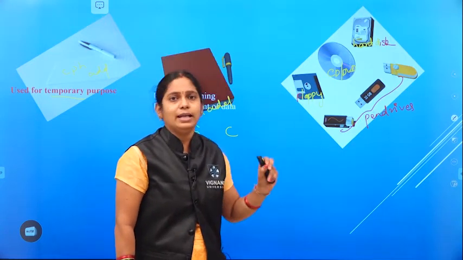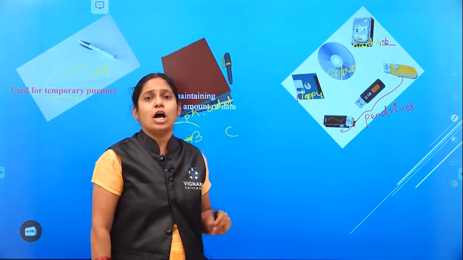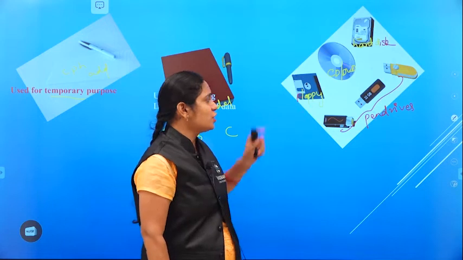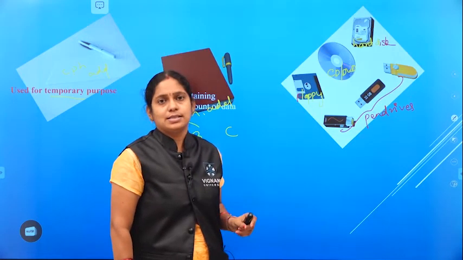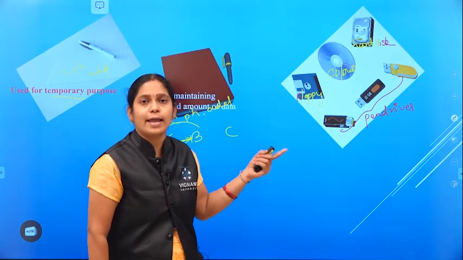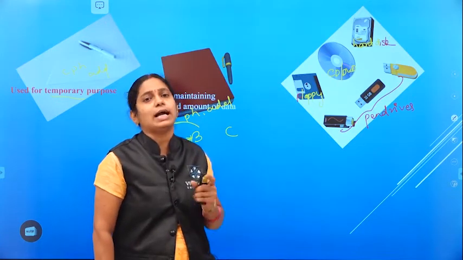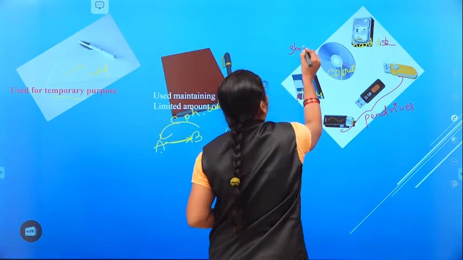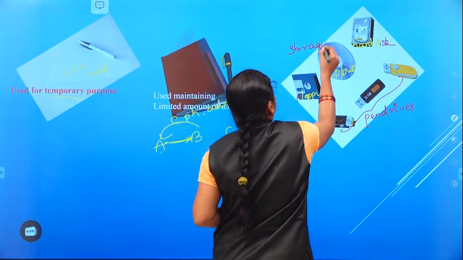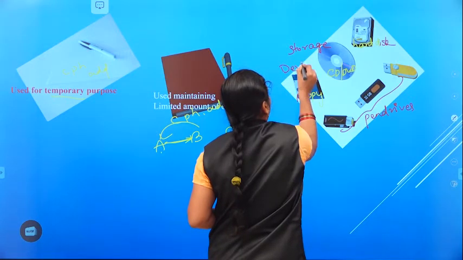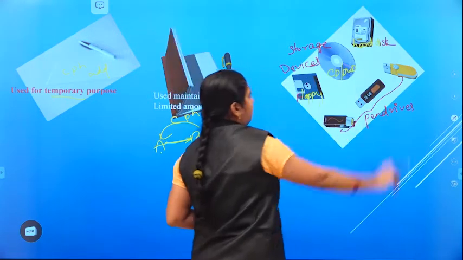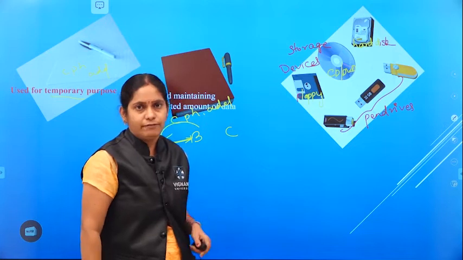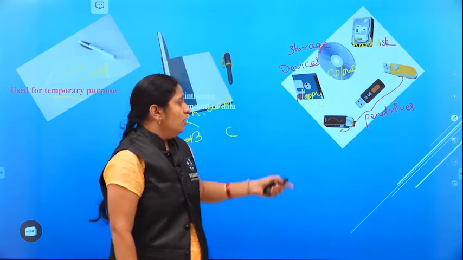So for maintaining data for such a long time without any corruptions or disturbances, we prefer such devices. Simply we call these storage devices, which are used to store the content. Right? So these are the computer storage devices to maintain the information. Okay, good.